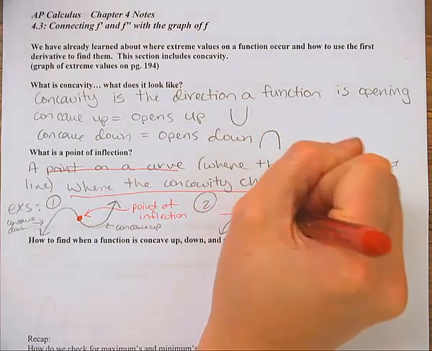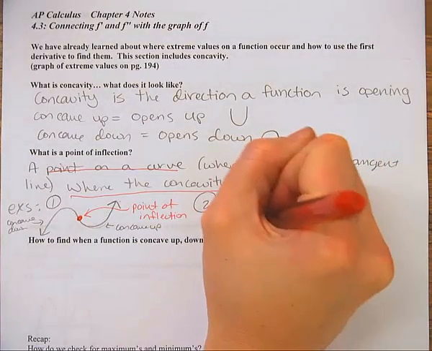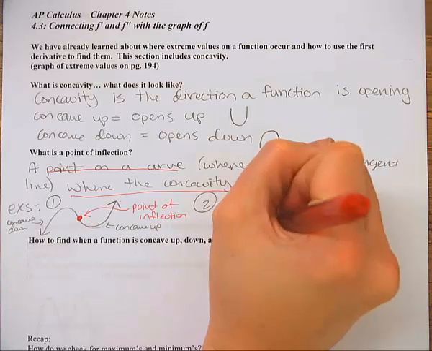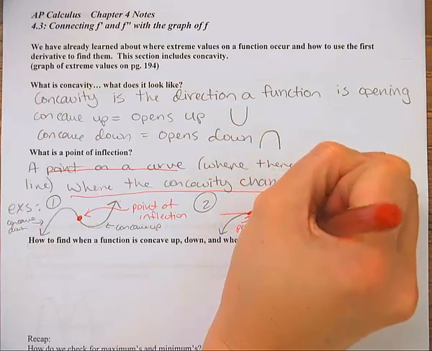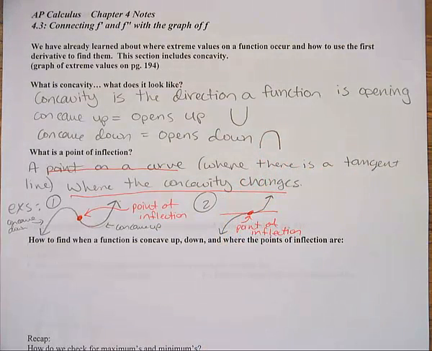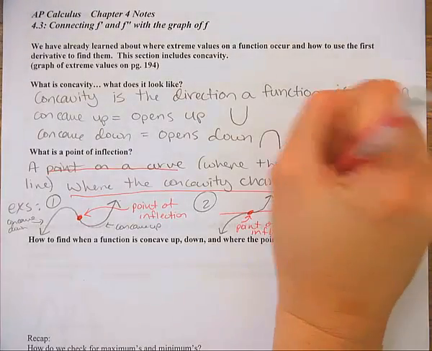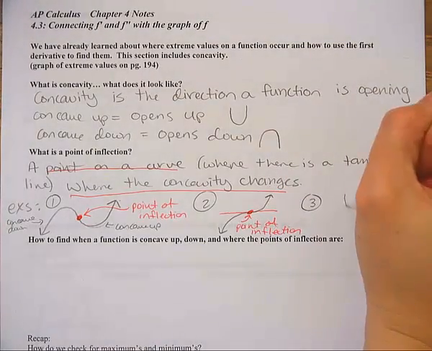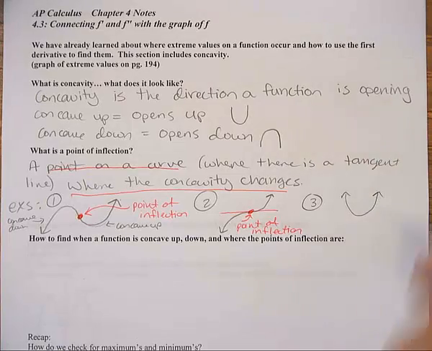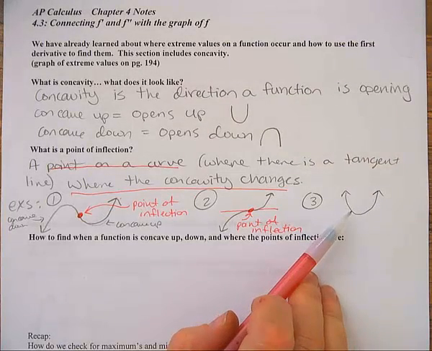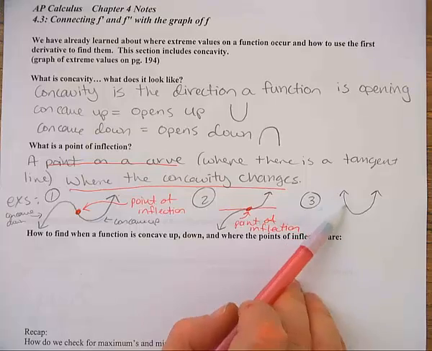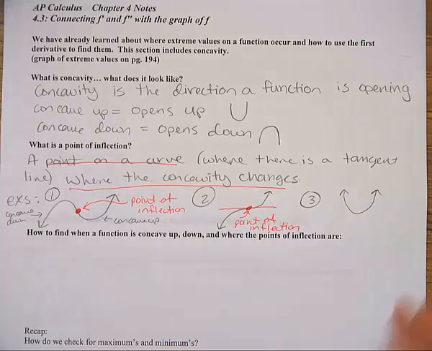So we have a horizontal tangent line there. So that also is a point of inflection, just not as obvious. And then there are times when there's no point of inflection at all, like in a parabola, for example, because sometimes a function keeps the same concavity the whole time. So this was concave up the whole time, so there are no inflection points.